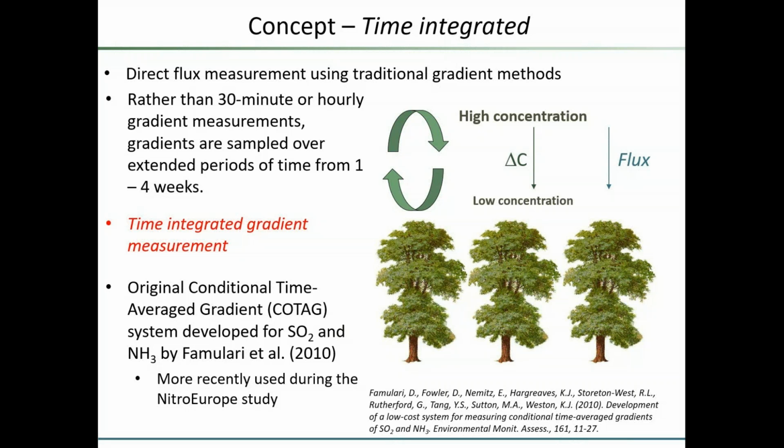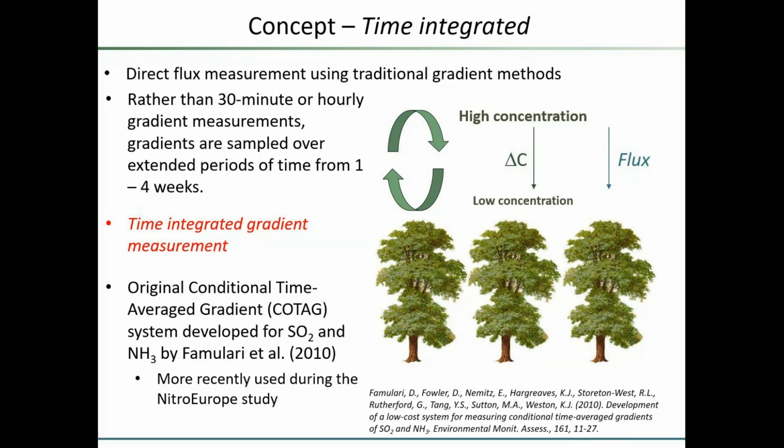So I'm showing you here a little cartoon of a forest, and above this forest you can imagine that there's a concentration gradient of some compound C with higher concentrations well above the surface, and then a concentration gradient decreasing toward the forest canopy.